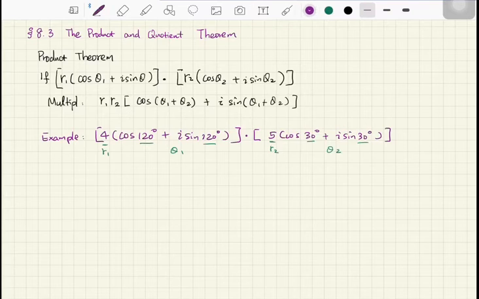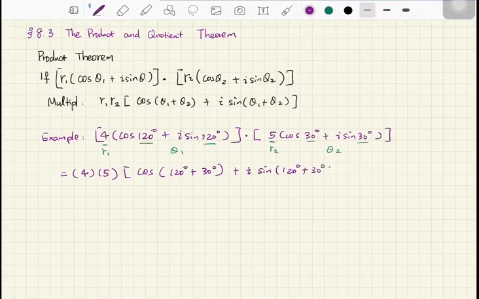To apply the formula, I will get r1 times r2, so 4 times 5, cosine of theta 1, 120, plus theta 2, 30, plus i sine of theta 1 plus theta 2. So we got 20 times cosine of 150 plus i sine of 150.